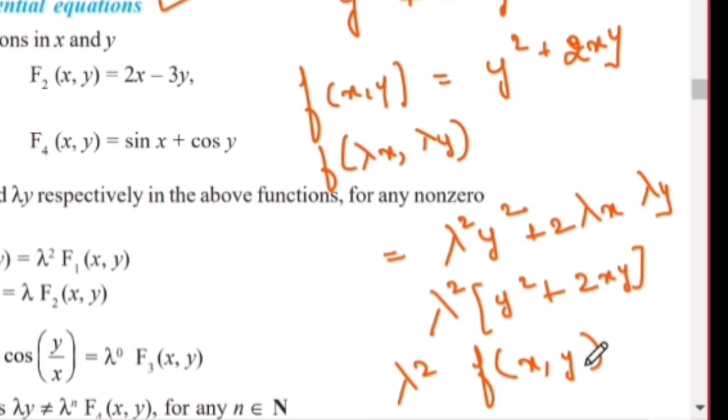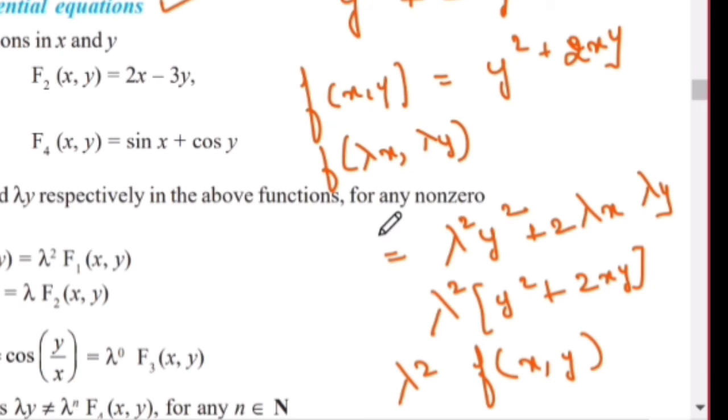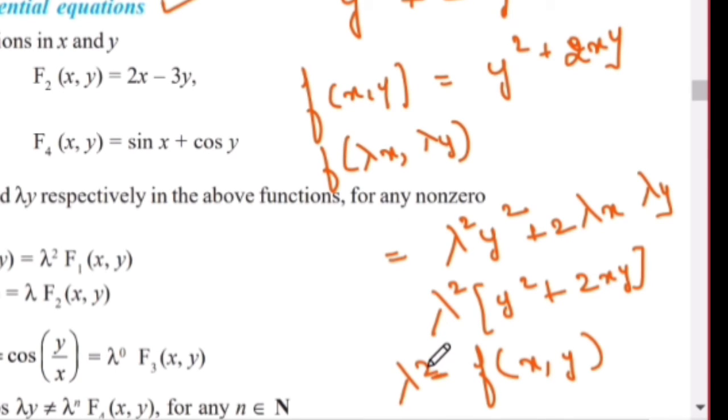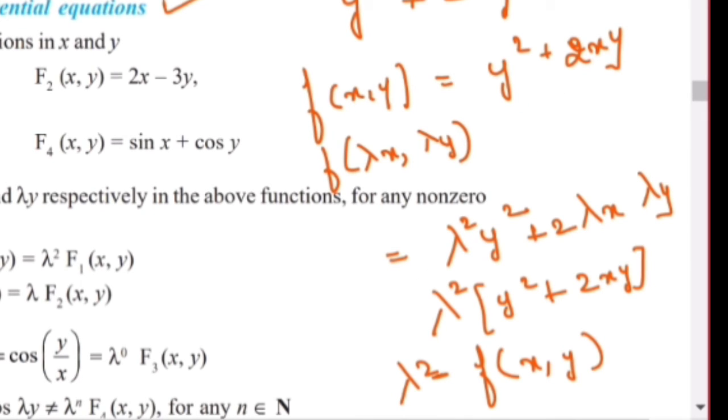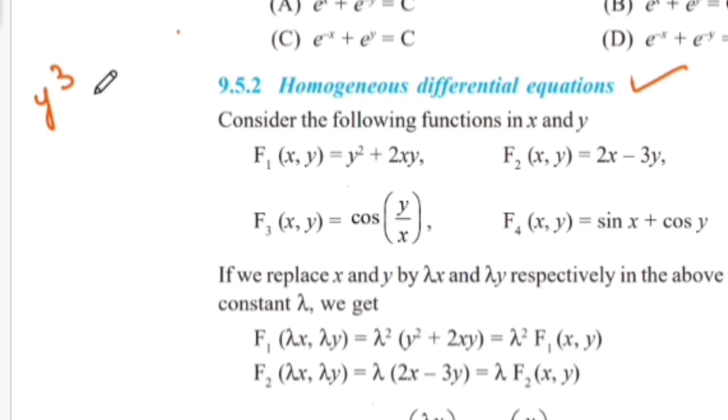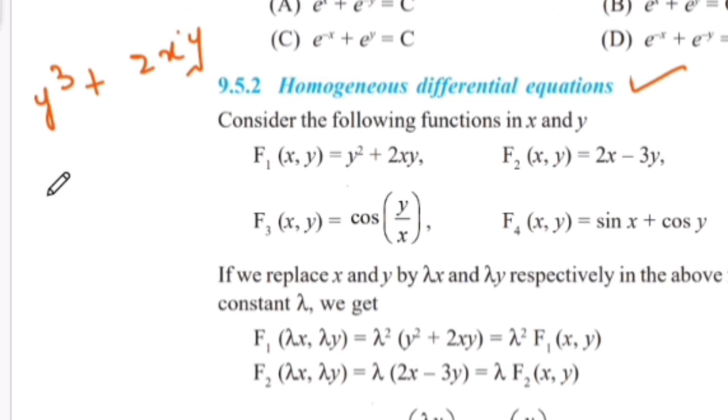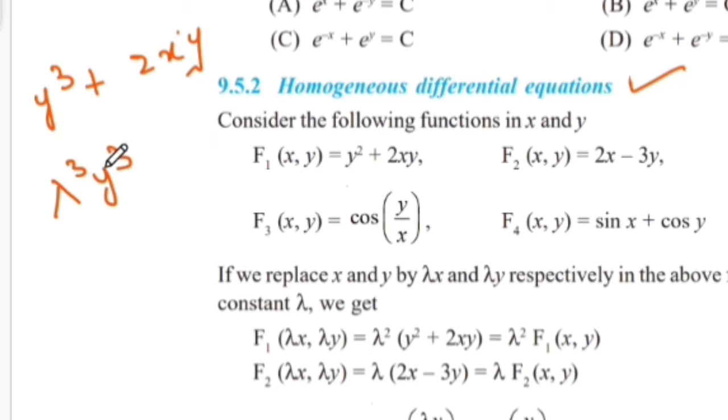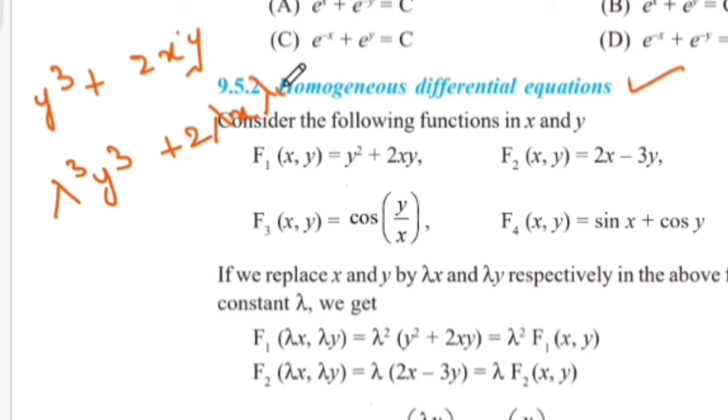So this is possible only for a homogeneous function. So we say this is a homogeneous function of degree 2. If it is not homogeneous, suppose it is y cube plus 2xy, we cannot take the lambda outside, because it will become lambda cube y cube plus 2 lambda x, lambda y.